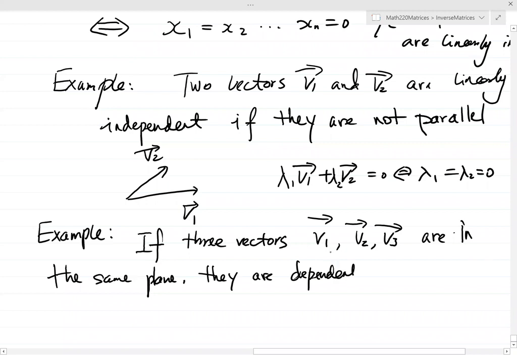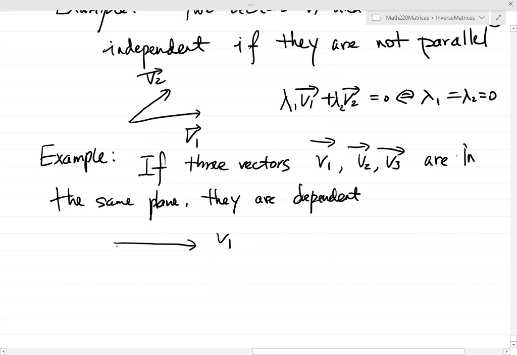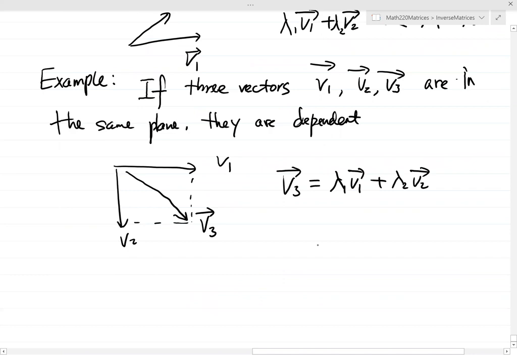You can use some relation. Suppose V3 is in this direction. Then V3 can be written as lambda 1 V1 plus lambda 2 V2. So we can choose lambda 1 V1 plus lambda 2 V2 plus negative 1 V3 to be 0.